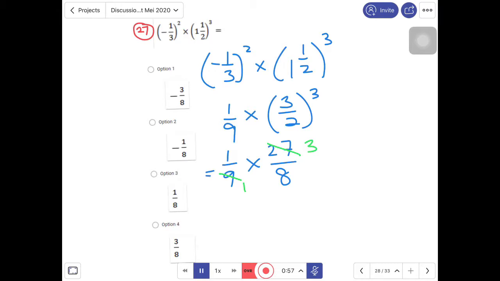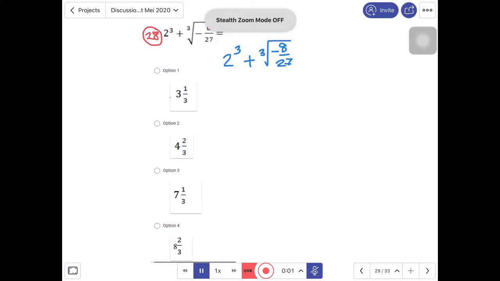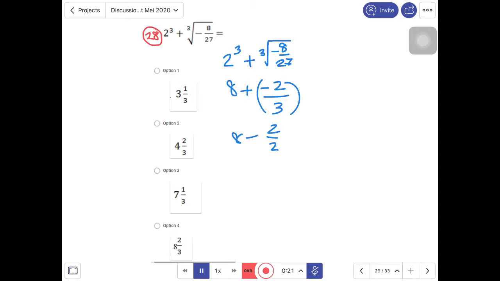So the final answer is 3 over 8. 2 cubed is 2 times 2 times 2, so it's 8, plus negative 2 over 3. So this becomes 8 minus 2 over 3 equals to 7 1 over 3.